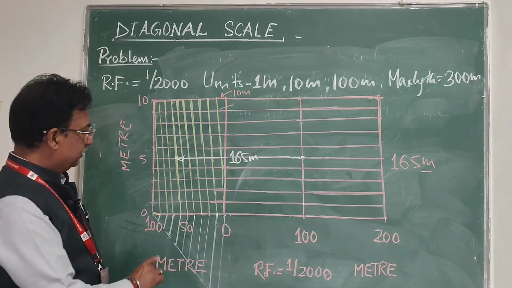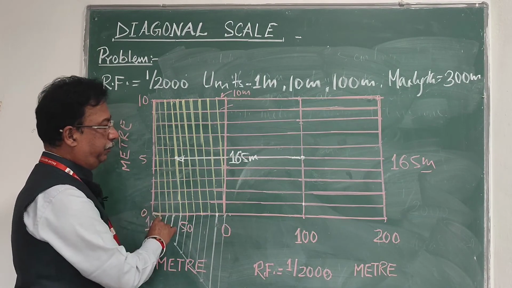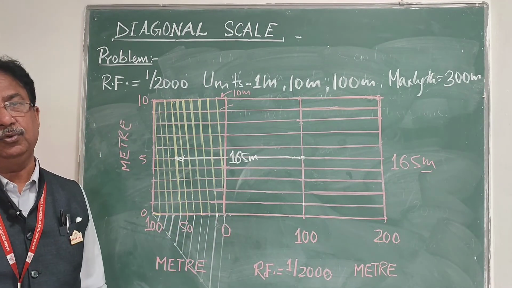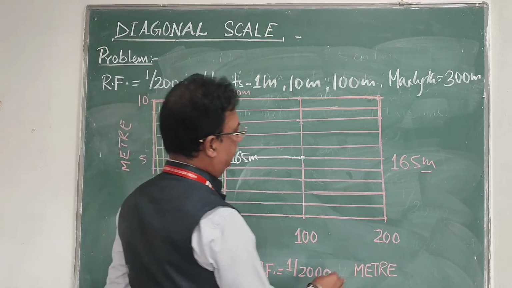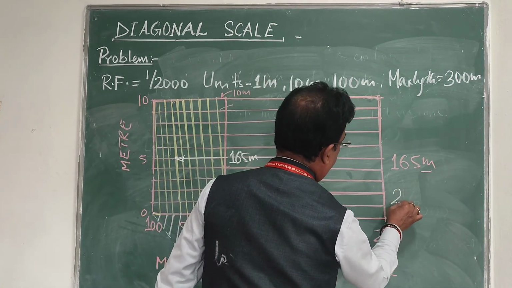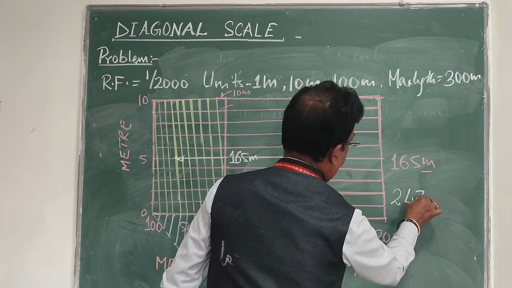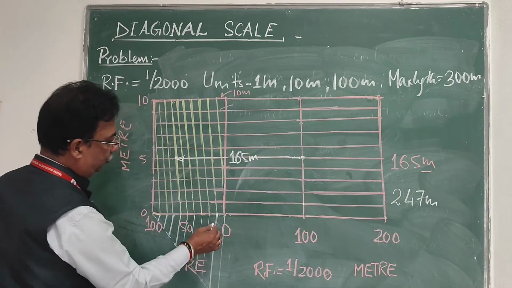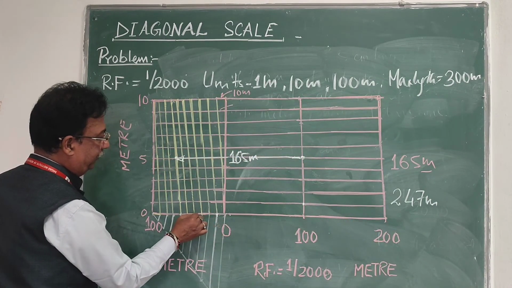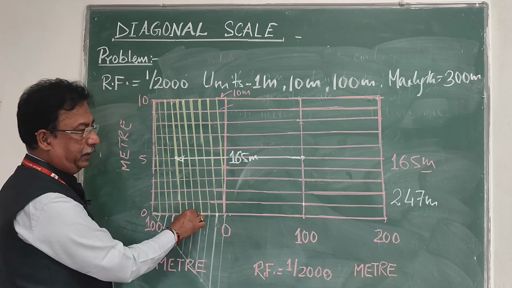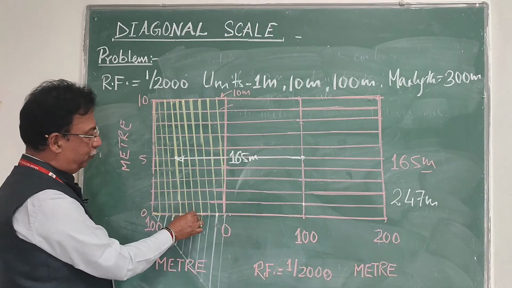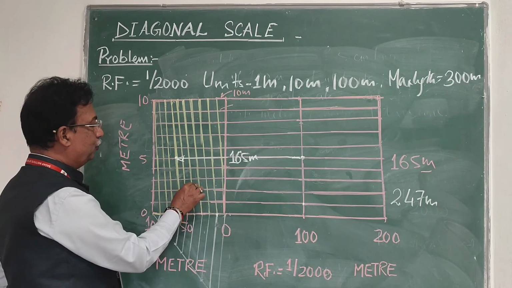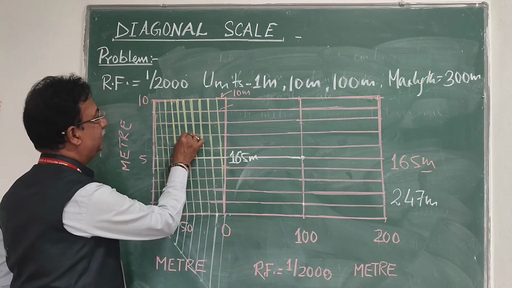So now with the help of this scale, you can go from 1 meter to any length up to 300 meter. Suppose we want to go for 247 meter. Now 247 meter, again 0 to 200 will be 200, then 10, 20, 30, 40. So if we are on the baseline, then we can go up to 240. Now upside 1, 2, 3, 4, 5, 6 and 7.